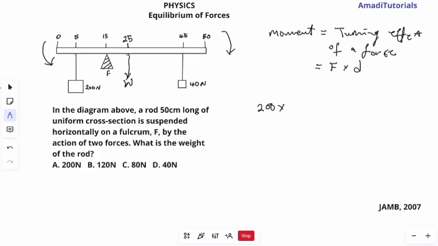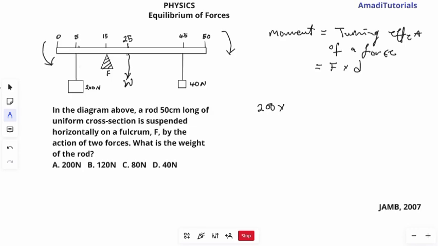The pivot is the point of consideration, because if this rod is to tilt, it will tilt through the pivot, either to the left or right. So we calculate 200 times the distance of the position of that force from the pivot.